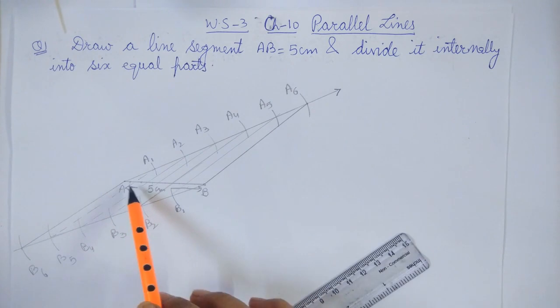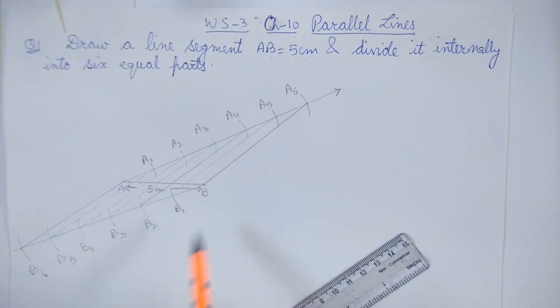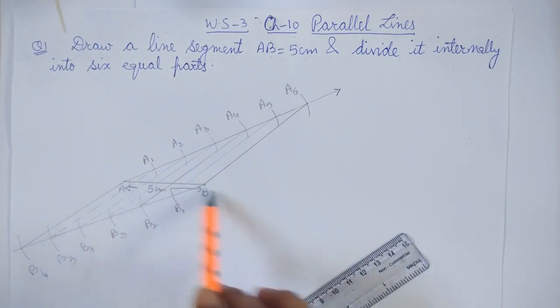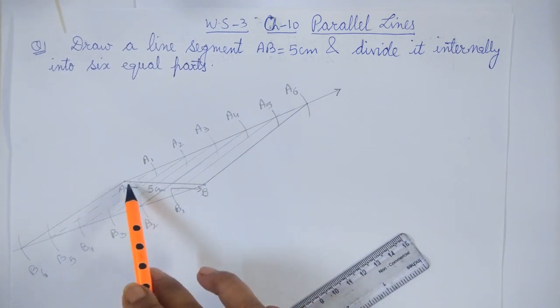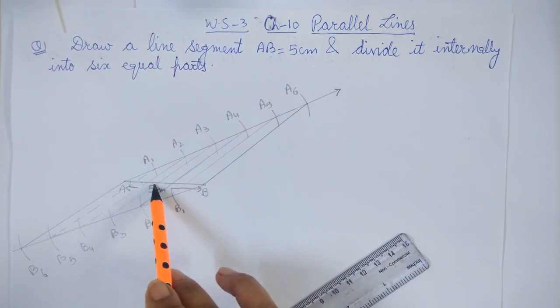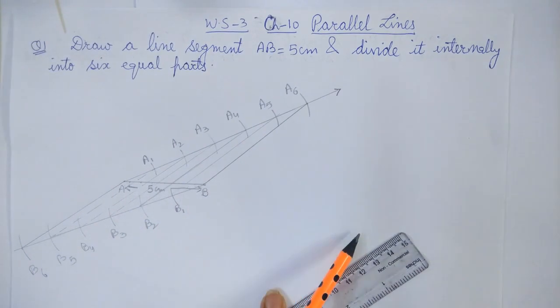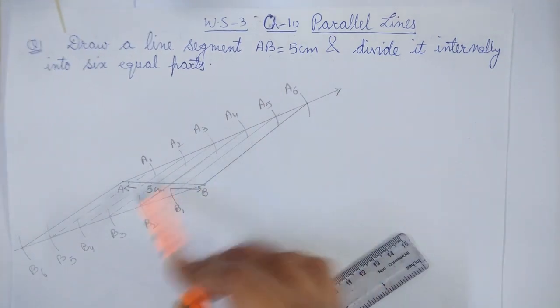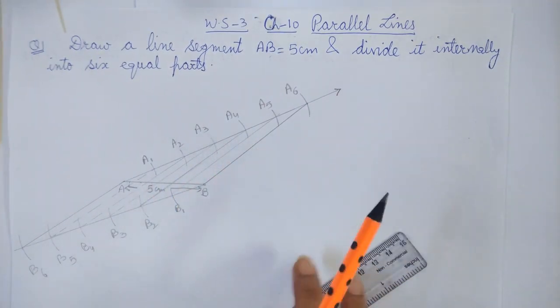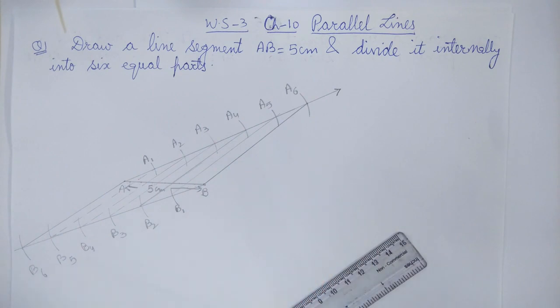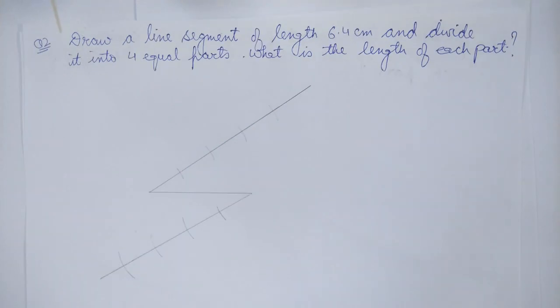So in this way we have divided this line segment AB into 6 equal parts. Is it clear? But make sure that the lines should be parallel to each other. Then only you will get the exact answer.